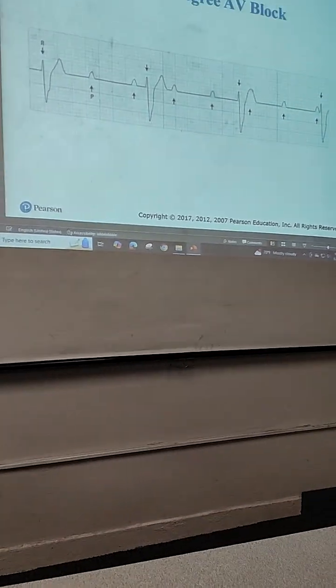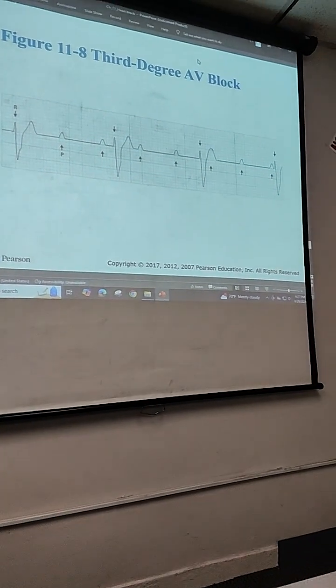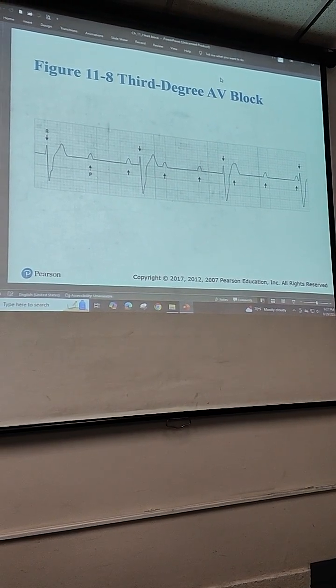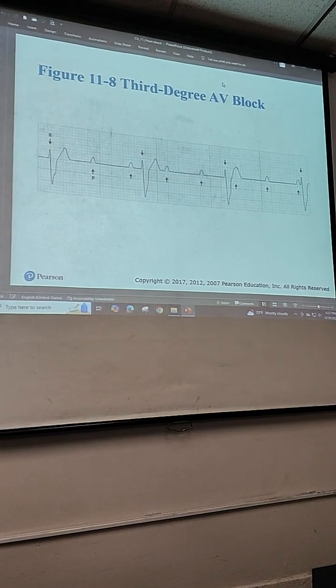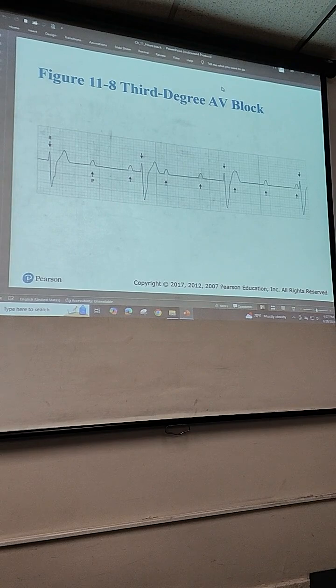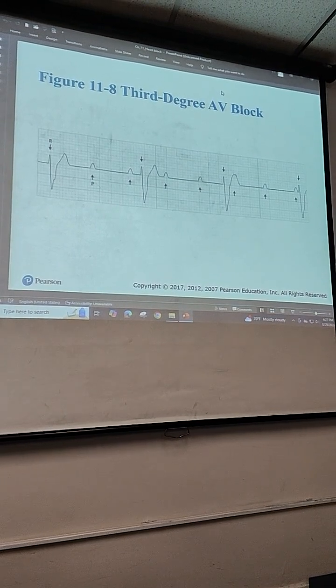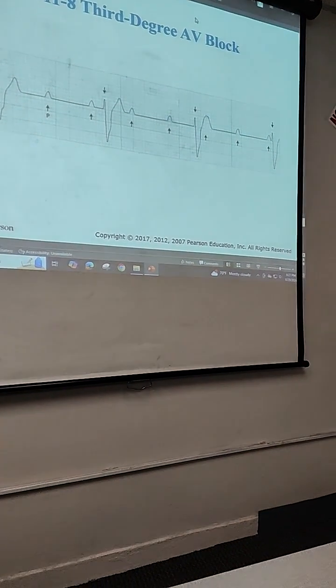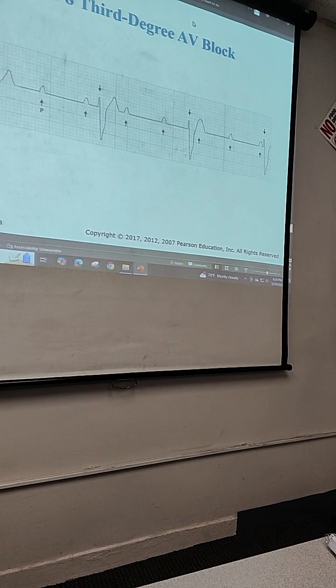Your exam will be with one of these pictures. It will not be written, it will not be spelled out. It will be one of these slides, and they're going to ask you, the slide below represents which condition. And then you say, oh, look at the P's, look at the PR intervals.